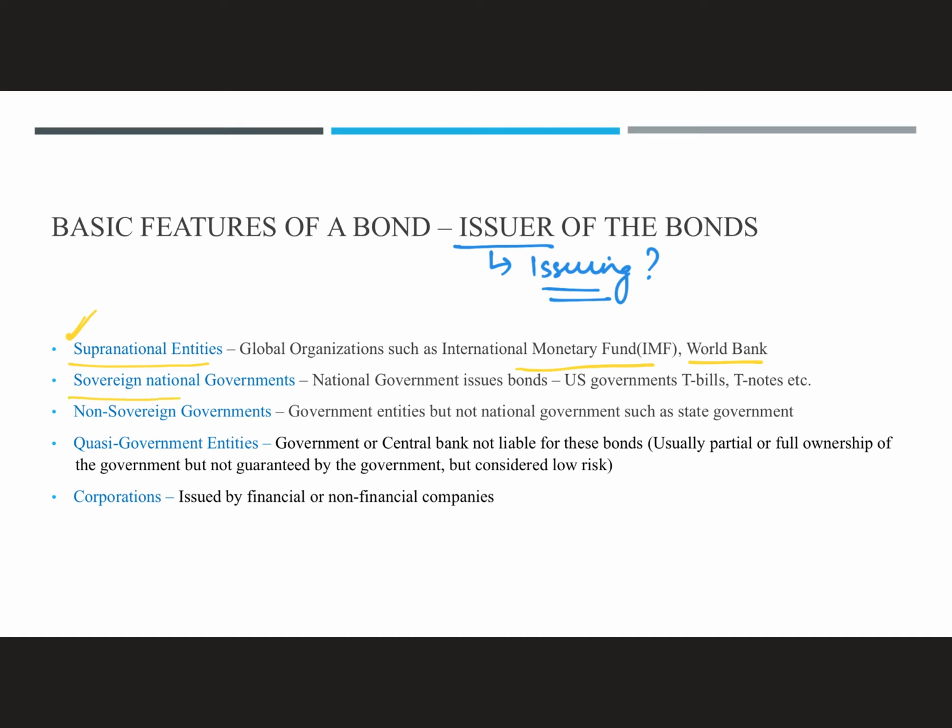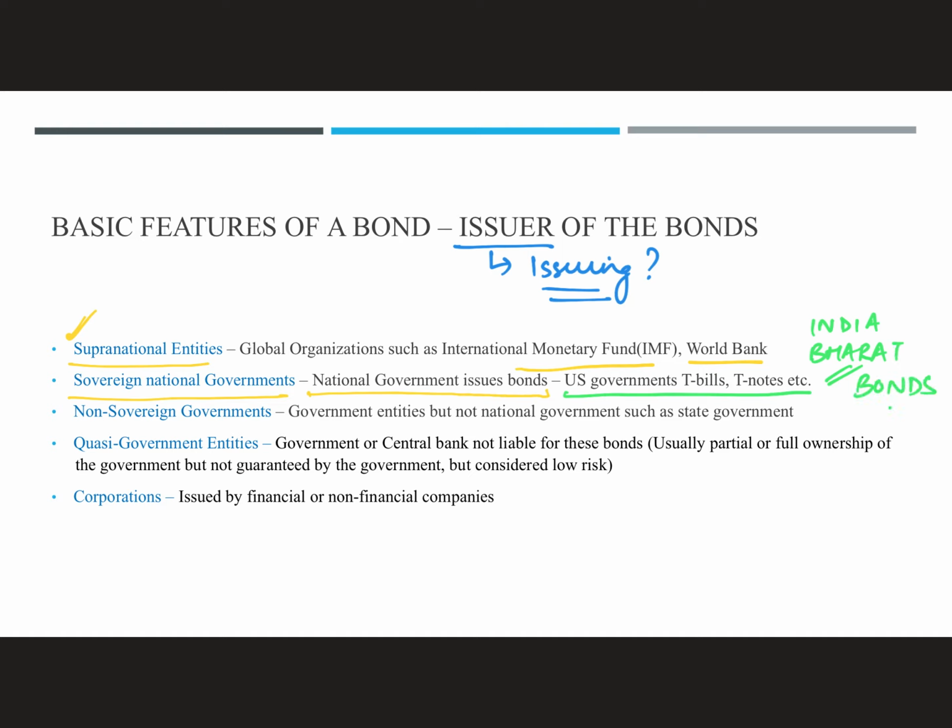Then we have sovereign national governments. So there are a lot of cases essentially where national governments issue bonds, because they want a sudden influx of money so that they can invest in projects which can further give them a lot of money later down the line. So that's why these kind of national governments issue bonds. The examples being the US government's T-bills, T-notes that we talked about. In India, we have Bharat Bond, which is another example of a national government's issue of bonds.